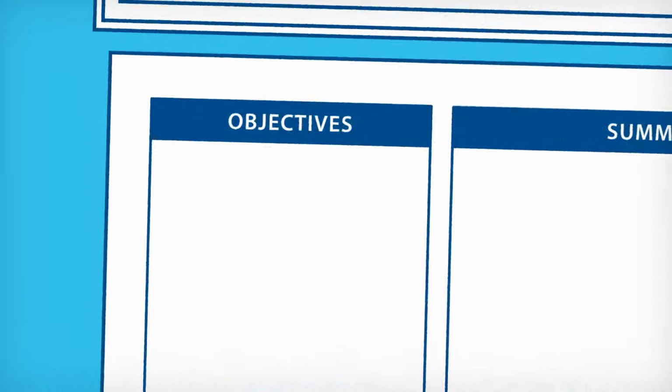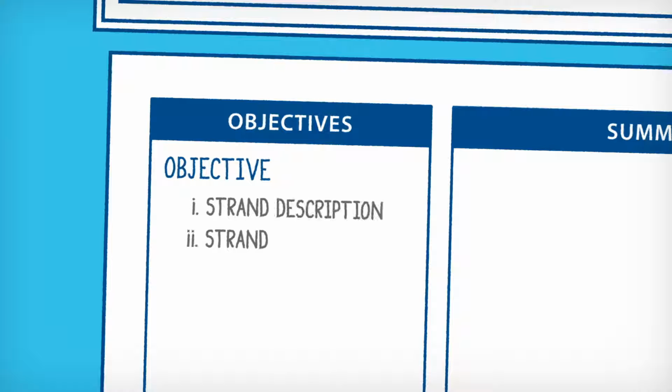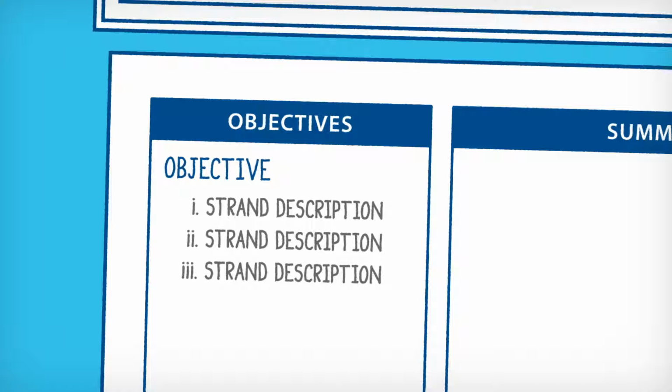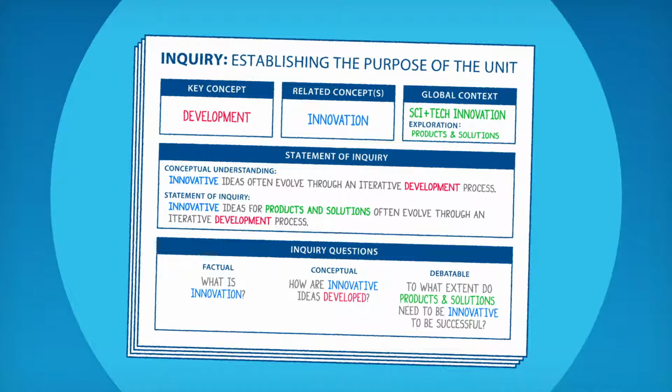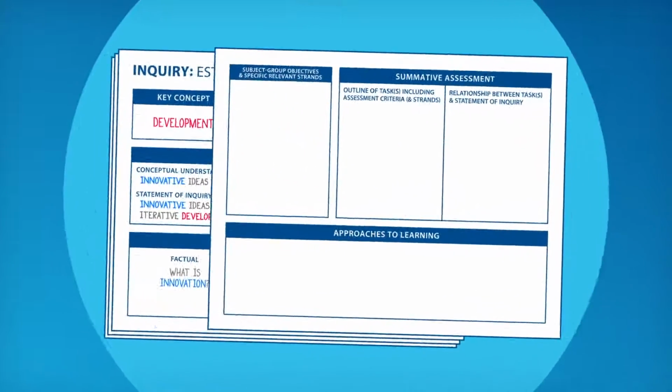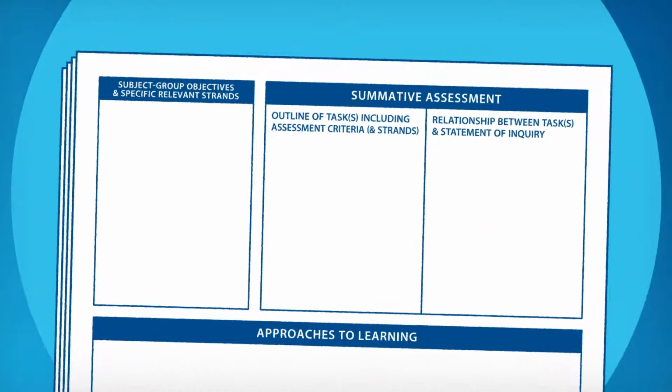The specific expectations for each objective are described through a number of strands, and both the objective and the strands addressed in a unit should be clearly identified. Continuing with the MYP Year 1 Design unit referred to in the previous videos, let's say that the unit is intended to develop and assess a complete design project.